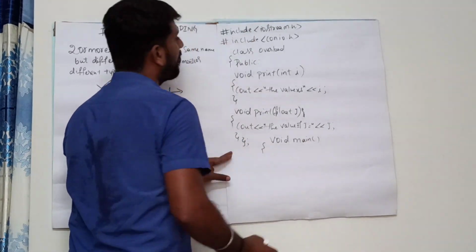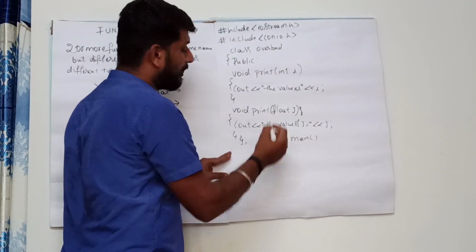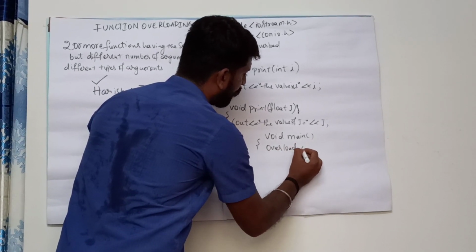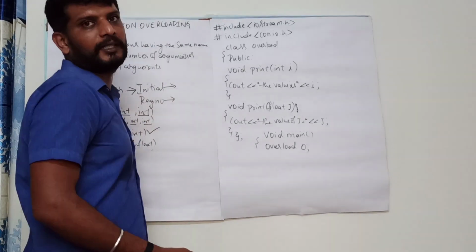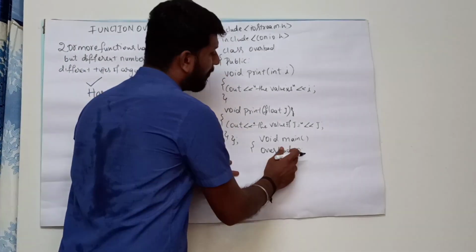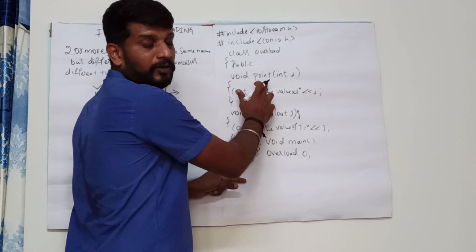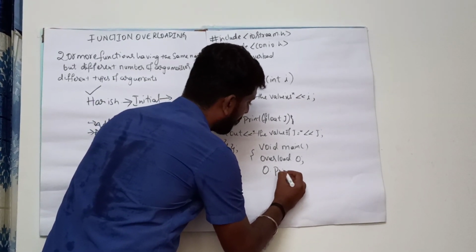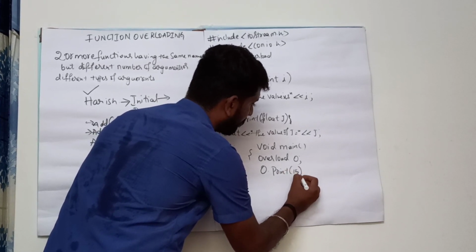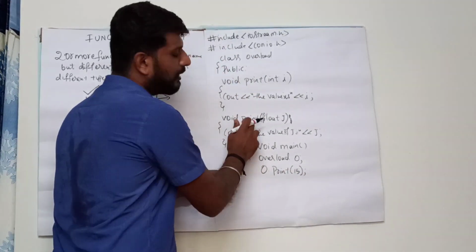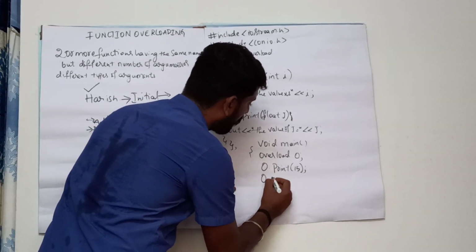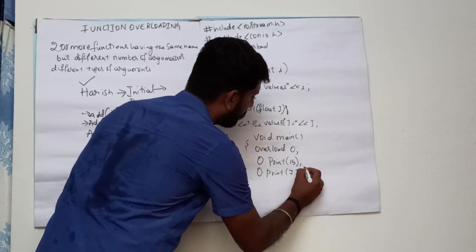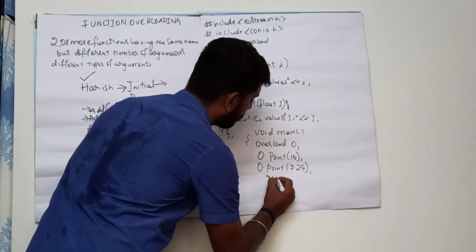Inside the main function, I will create the object for this particular class, overload O. I will create the object with the name O. Next, by making use of this particular object, I will call the function O dot print of 15, and I will call this particular function O dot print of 7.25, and then return 0.